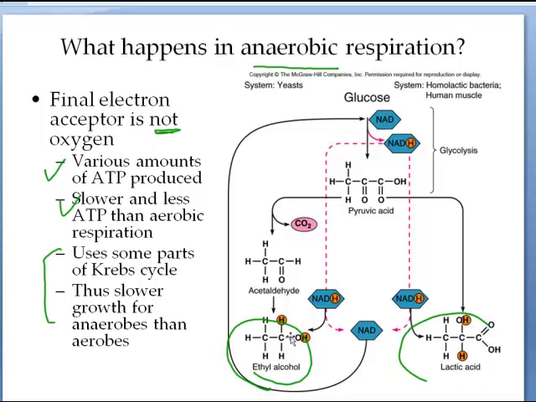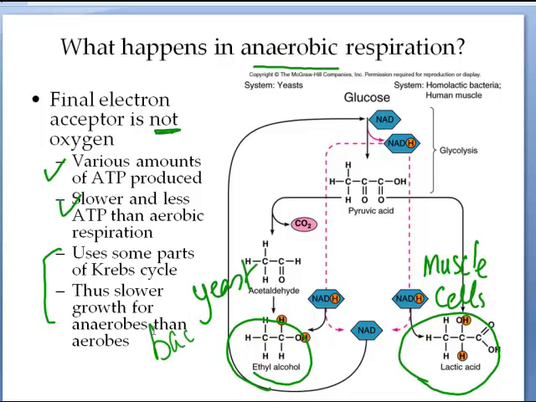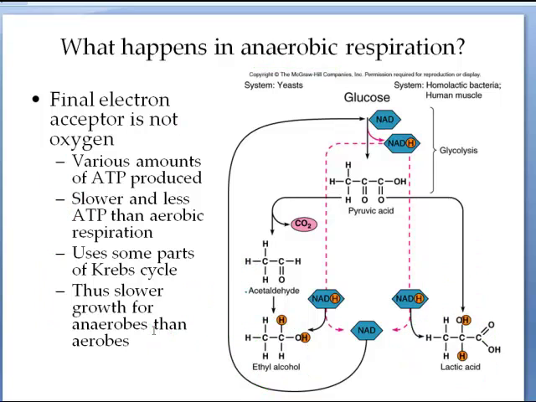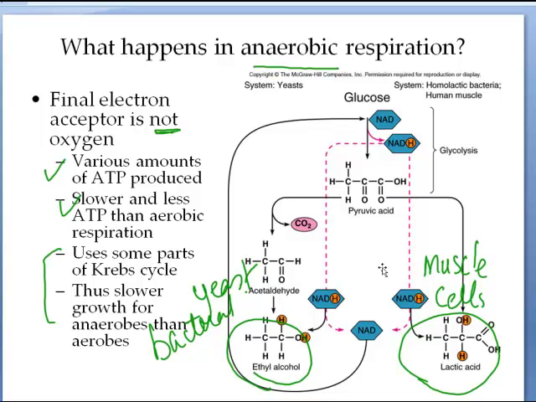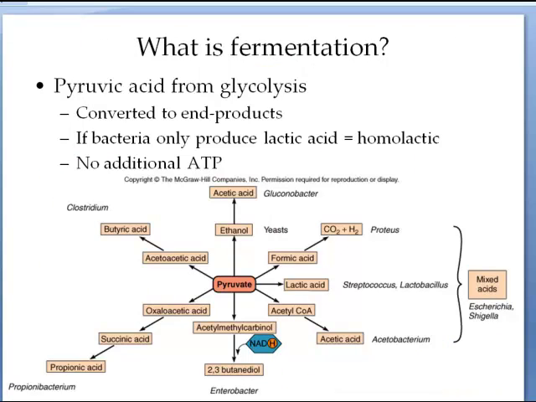Which one it forms depends on the source of the cell. For example, in muscle cells, it will form lactic acid. In yeast or bacterial cells, it will form ethanol. Now, in this shorter pathway, carbon dioxide is released, and you have a 2-carbon molecule. Very little energy is formed any further.